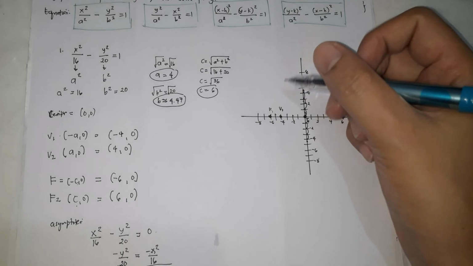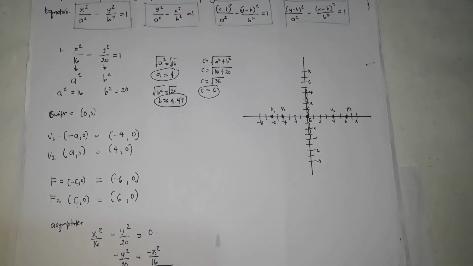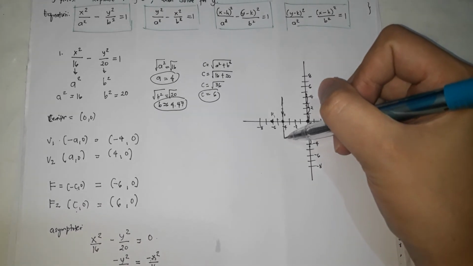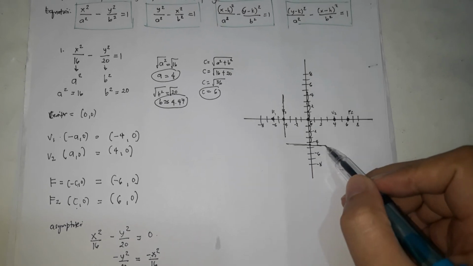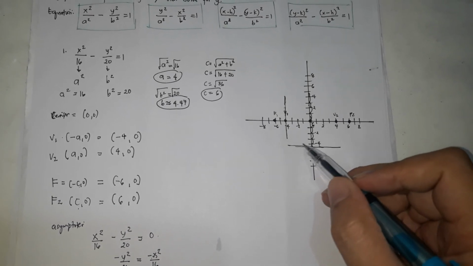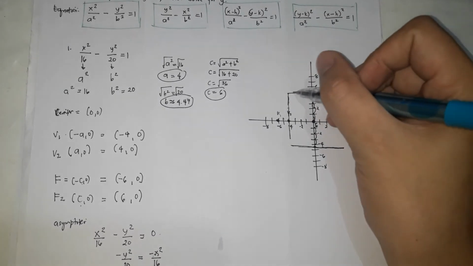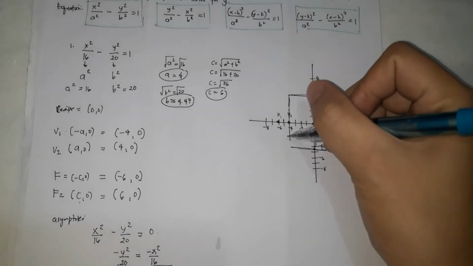And our graph, it's like this. Galing kay vertex, gumawa ka ng line, ng horizontal line. Gumawa ka ng rectangle passing through this one. Diba yan siya, hanggang dyan si b. So, gumawa ka ng rectangle.